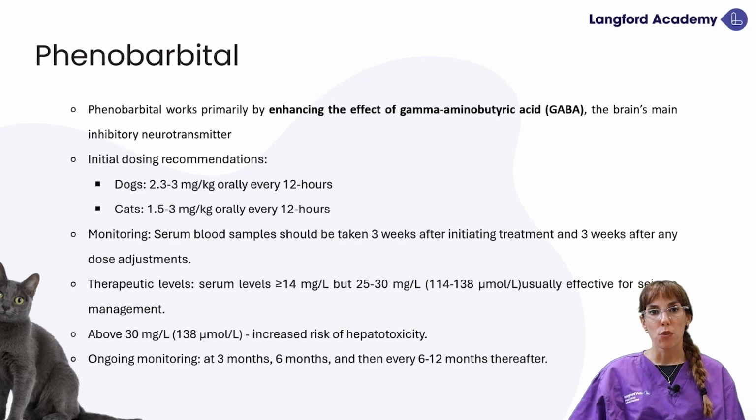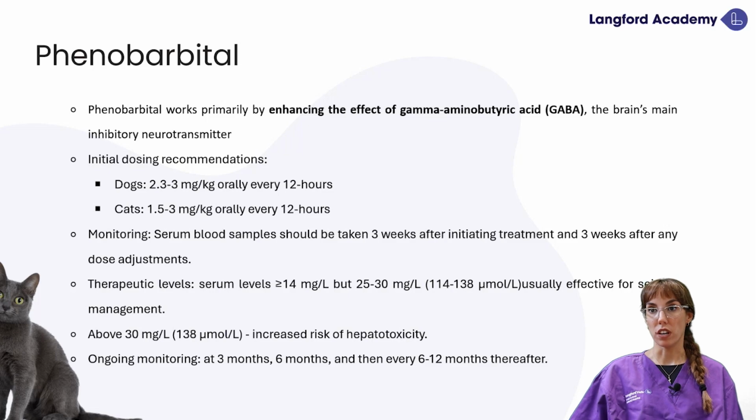And what you're aiming for is to get at least serum levels between 14 and 30, but we personally find that often between 25 and 30 milligrams per litre are needed for good control in seizure activity.